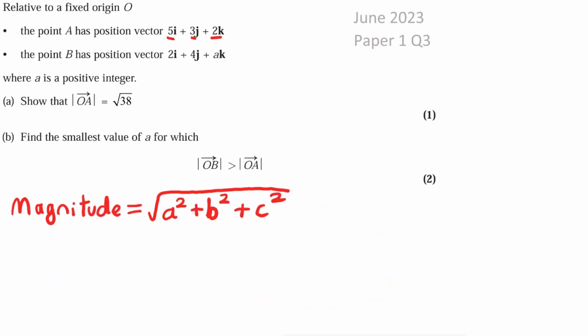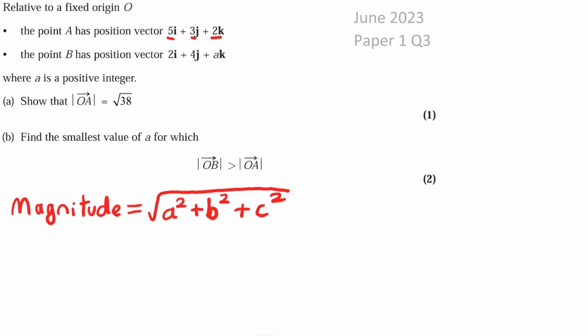Okay, and then for part B, we need to find the smallest value of a for which the magnitude of OB is bigger than the magnitude of OA. We know the magnitude of OA, we figured that out in part A, it's root 38. What we now need to do is figure out the magnitude of OB. Now we have the position vector of point B, which is 2i plus 4j plus ak, and a is the value that we're trying to find, the smallest value.